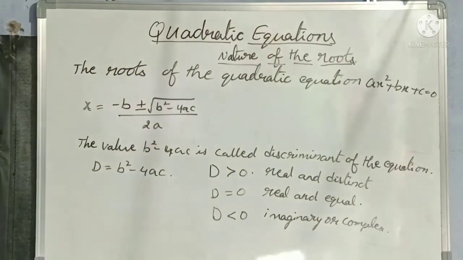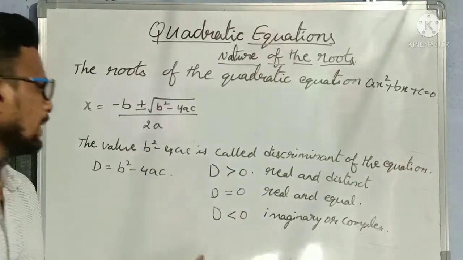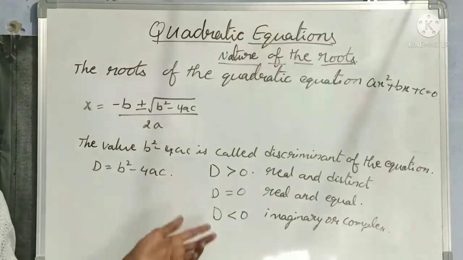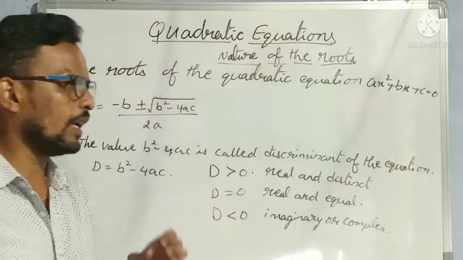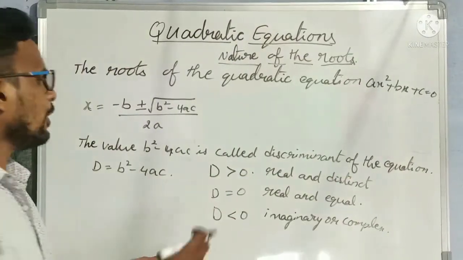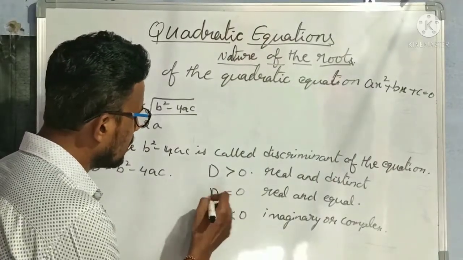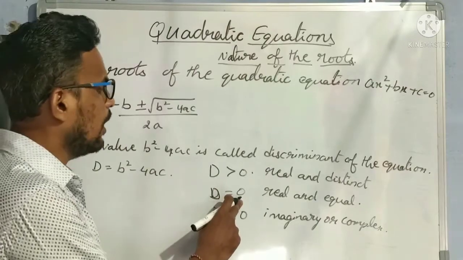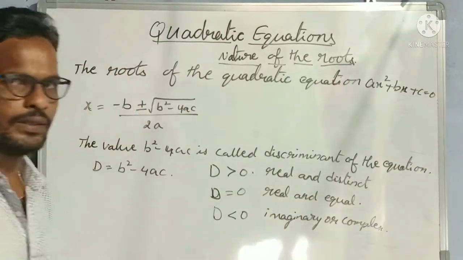Understood? So whenever we are getting this b square minus 4ac value greater than 0, then the roots are real and distinct. If we are getting the discriminant value, that is b square minus 4ac, equal to 0, then the roots are real and equal.